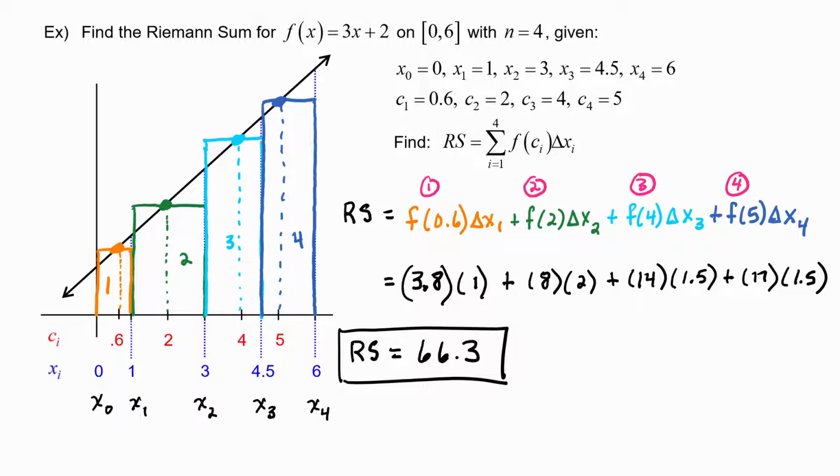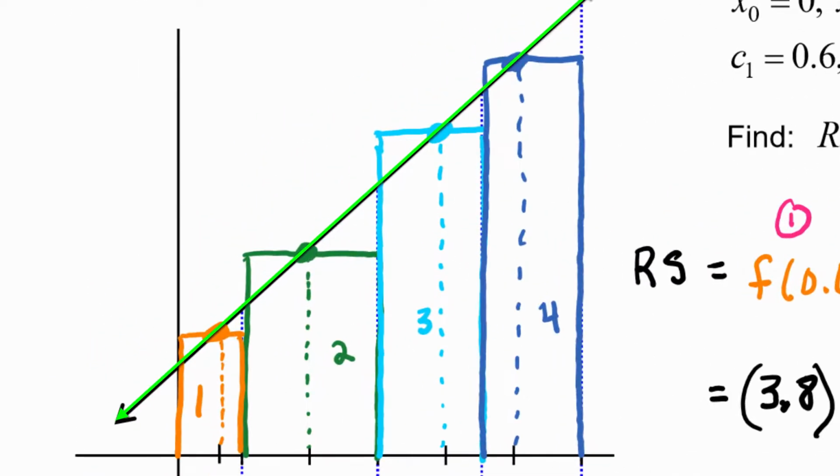So the Riemann sum is another approximation for the area under the curve, and you can see in each one there's some error. For example, in region 1, we're not covering this little triangular area here, but we are adding in this little extra triangular area here, which kind of offsets the area that's missing.